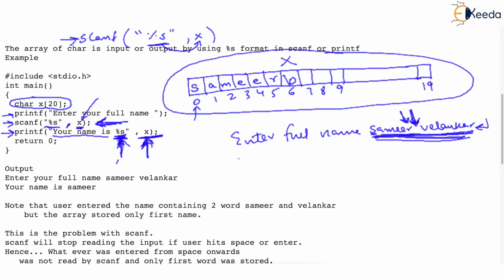So it will print your name: the 0th letter S, then the next letter A, then M, and so on, then E, then E, then R. And as soon as %s reaches this \0, check, as soon as it reaches \0, printf %s will stop. It will say your name ends here, so I am not going to print any more letters from the x array.